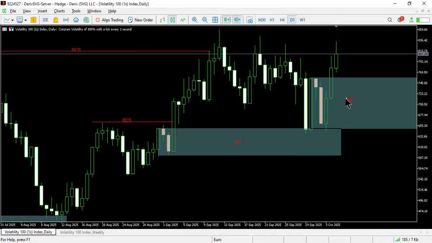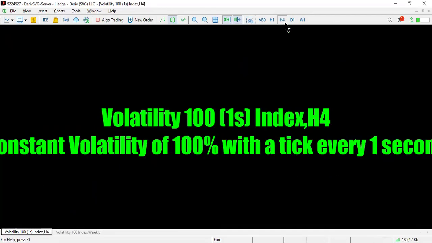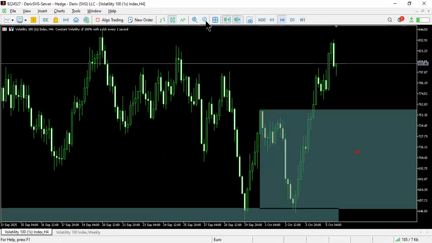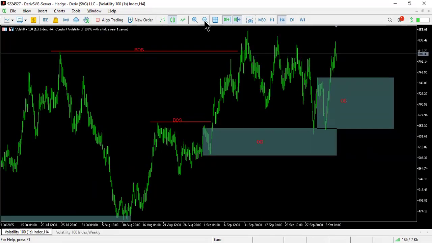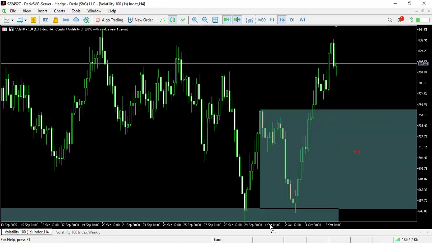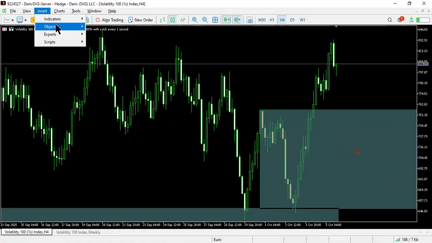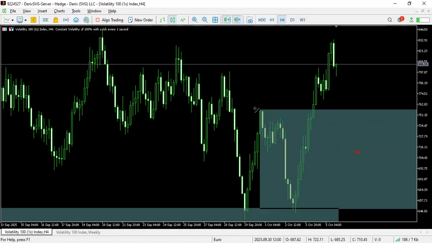daily time frame. And then if we go to the 4 hours, we zoom in, we can see nicely that we had a break of structure here.